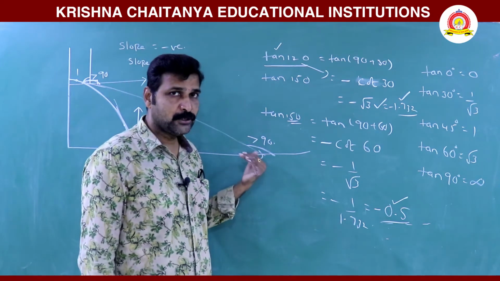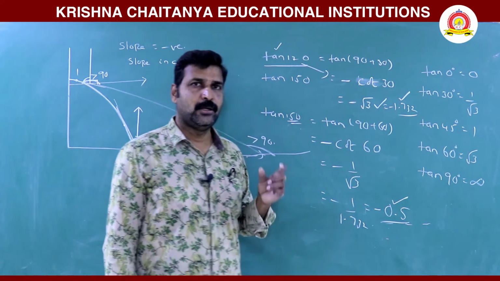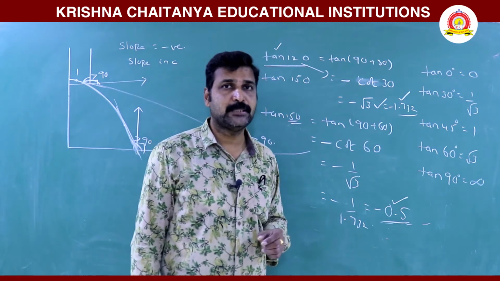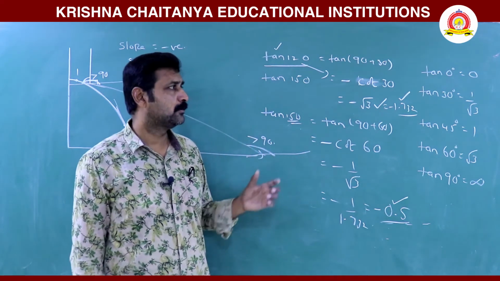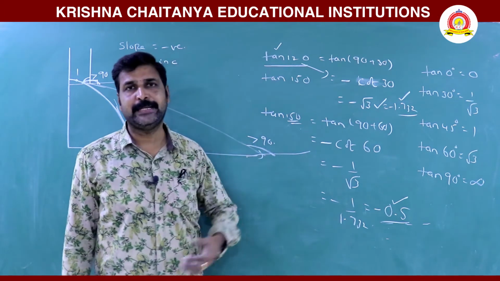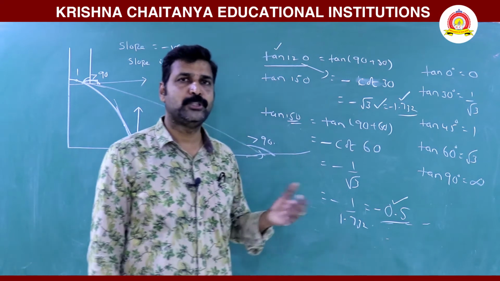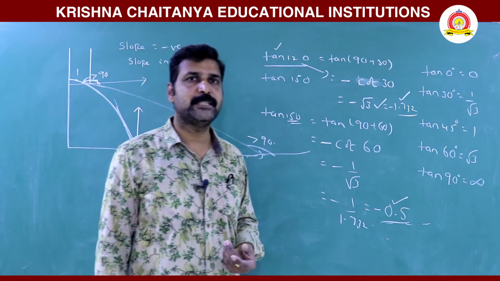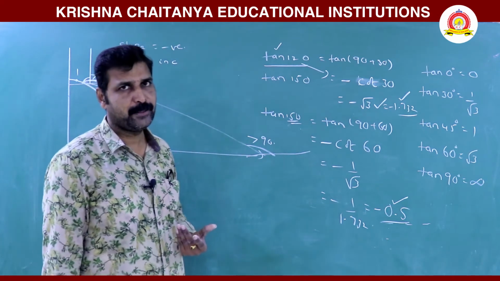From graphs also we can deduce the relations. Already we have deduced s is equal to ut plus half at squared from a graph. So now from these graph patterns we will draw the graphs between position and time, velocity and time like that, and we will find out the physical quantities the questions involve.